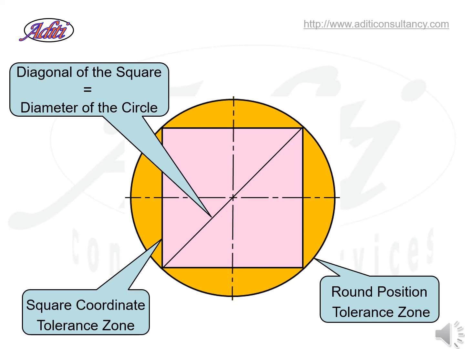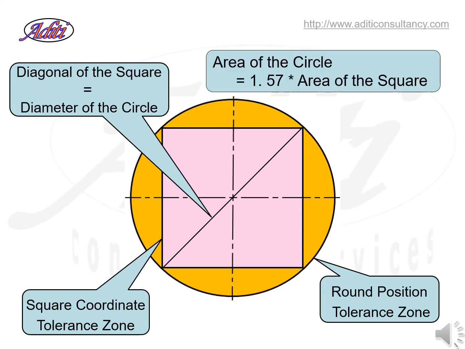If we calculate the area of the square and the area of the circle and take the ratio of the two, we observe that the area of the circle is 1.57 times the area of the square. Means with the round tolerance zone, the available area for the deviation in the position of the axis of the hole will be 57% extra.